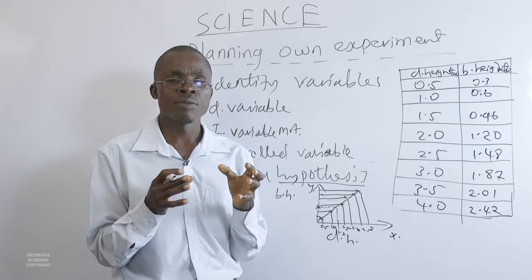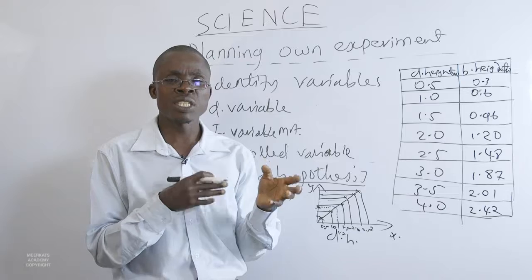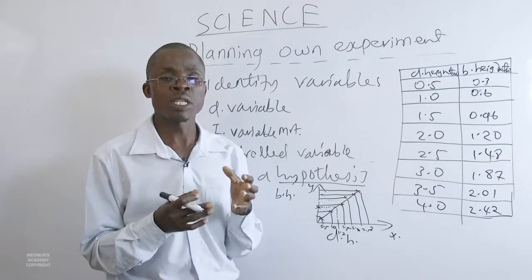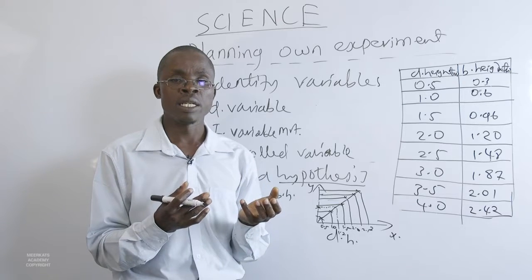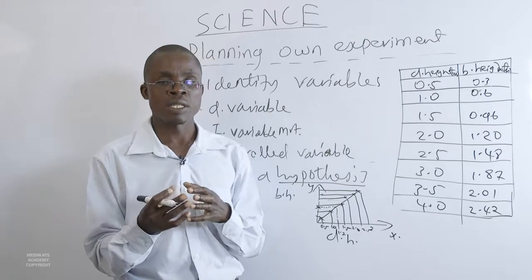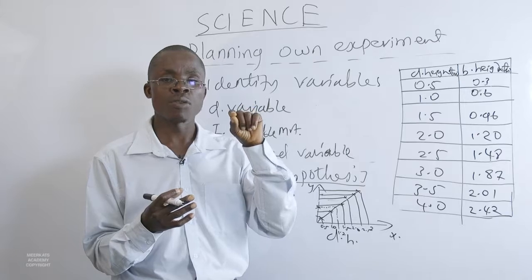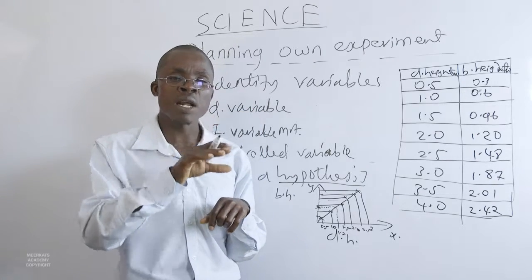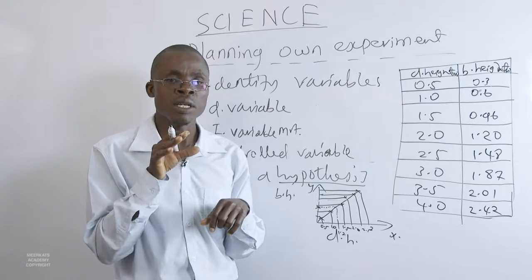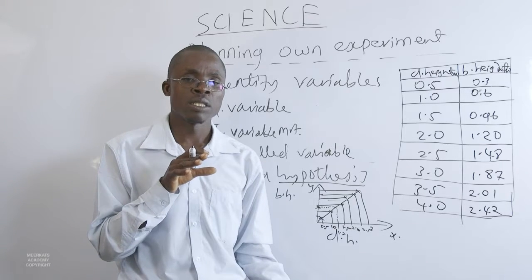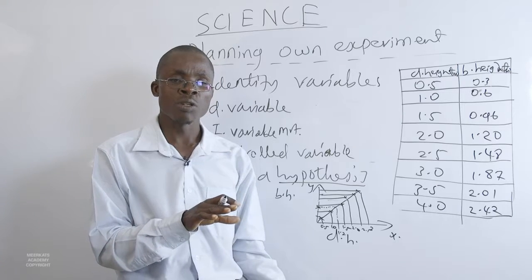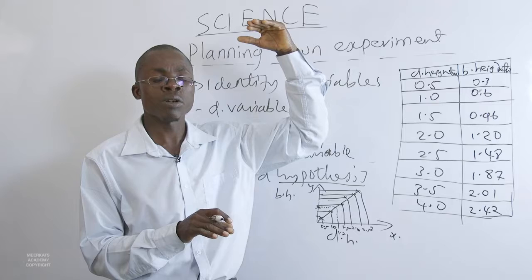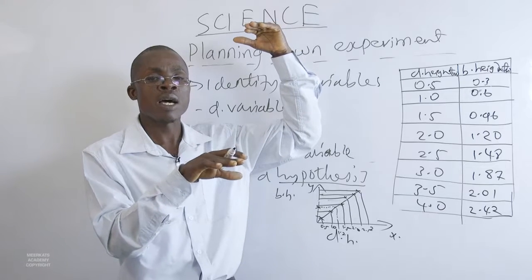Does it have the procedure and the results in it? The answer is yes. When you say directly related to the height of the dropping of the ball, it means you did an experiment by varying the heights, and you discovered that if it is at a low height, the bouncing was also at a low height, and if it's at a higher height, then the bouncing was also at a higher height.